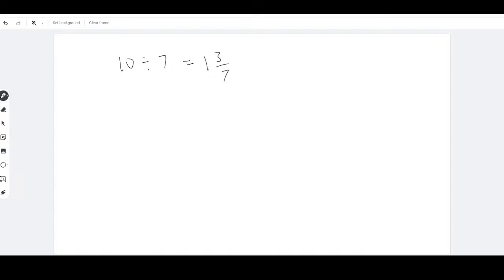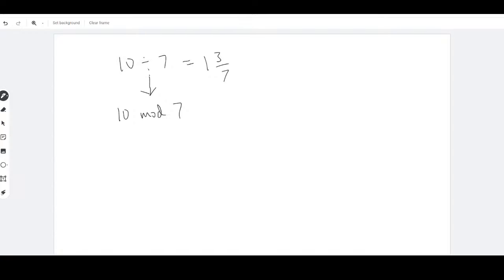Whenever you're doing mods, it's like division, and you're getting the remainder of the division. So you would say 10 mod 7. This is like doing the division 10 divided by 7 and asking what remainder you would get.